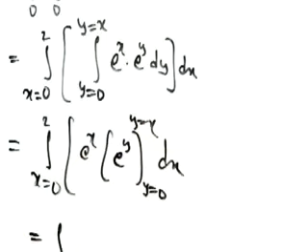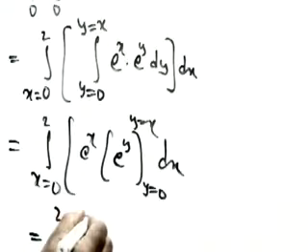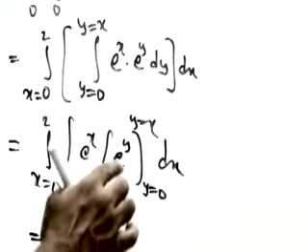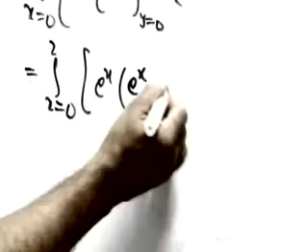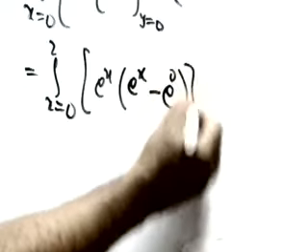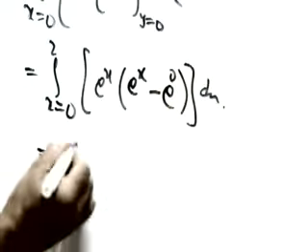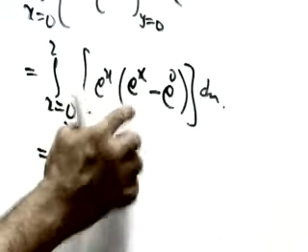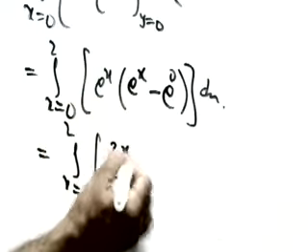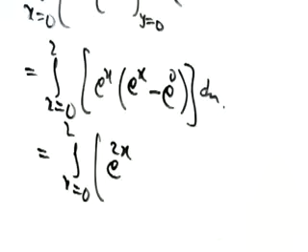Now dx, upper limit minus lower limit: integration x equals 0 to 2 of e power x into, if you keep the upper limit it will be e power x, minus, if you keep the lower limit it will be e power 0. Now dx, let me multiply this. If you multiply e power x into e power x, it will become e power 2x.